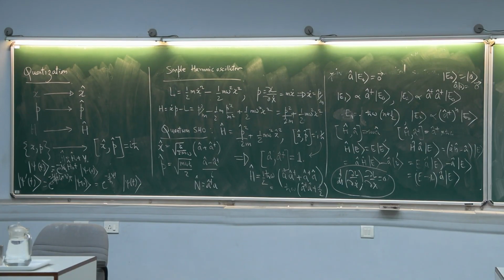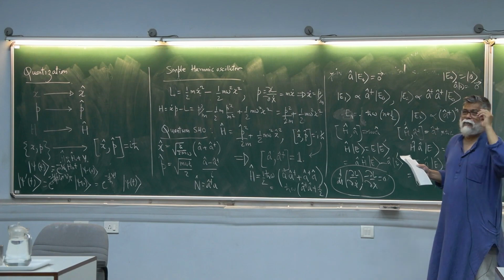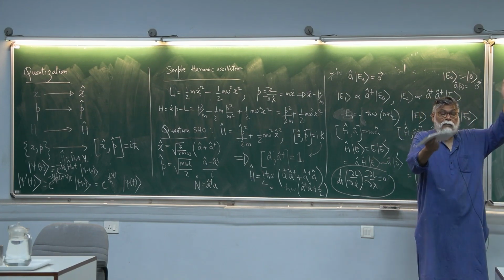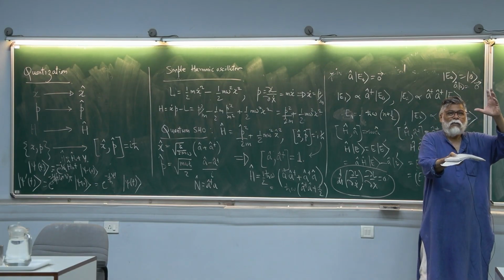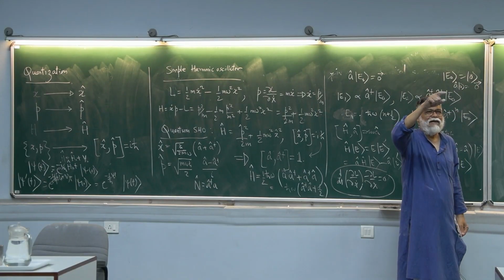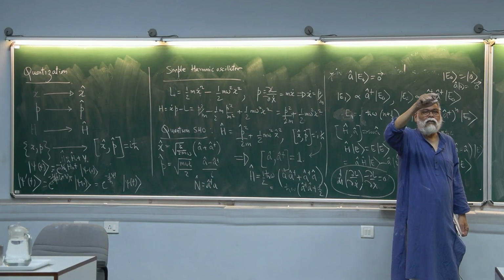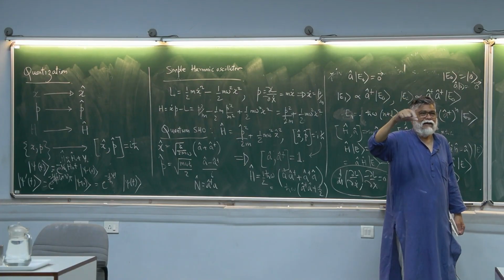Now, coming back to curved space-time, what happens in curved space-time is that box phi plus m square phi will get modified. Box is no longer the d'Alembertian del 2 by del t square minus the Laplacian operator, right? So there will be complication. For the Schwarzschild metric, the box operator is 1 over root minus g del by del x mu of root minus g g alpha beta del by del x alpha.